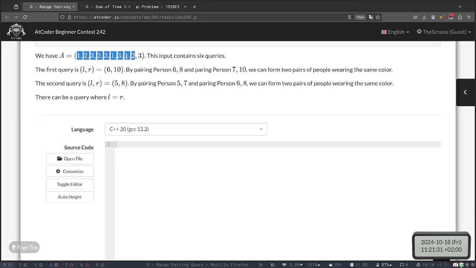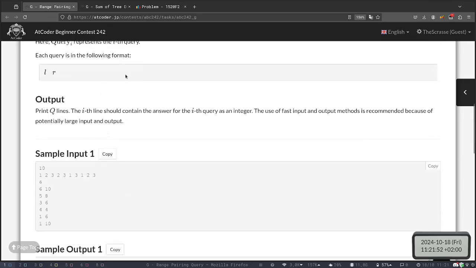So alternatively, you can just count the number of colors which appear an odd number of times. Here, 3 colors appear an odd number of times. So you can actually pair 9 minus 3 people and make 3 pairs.